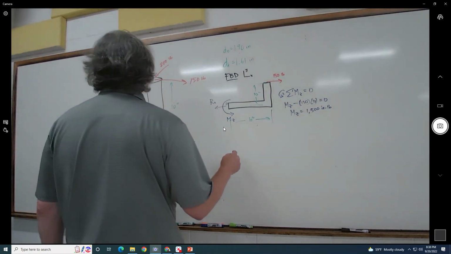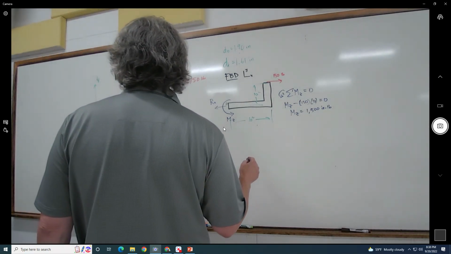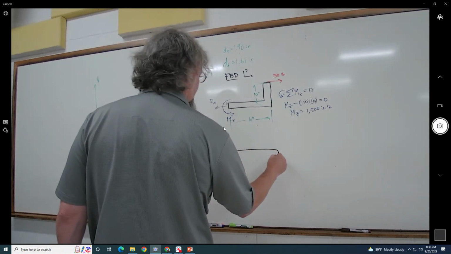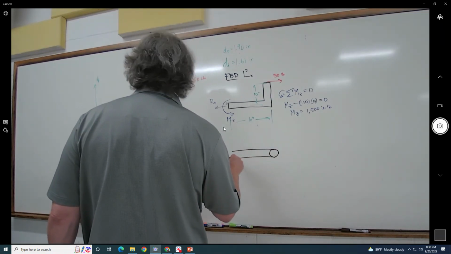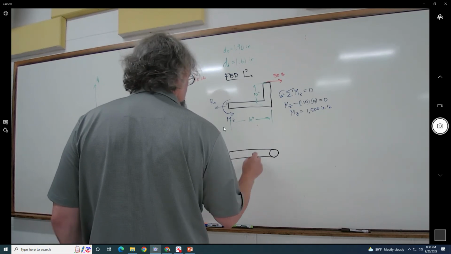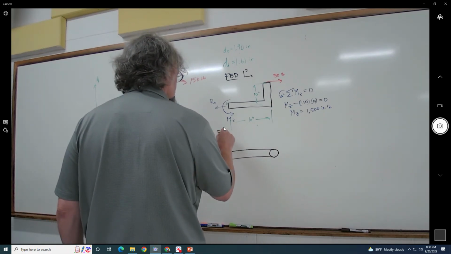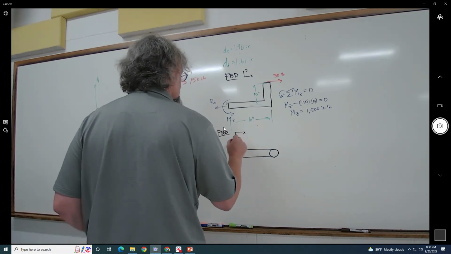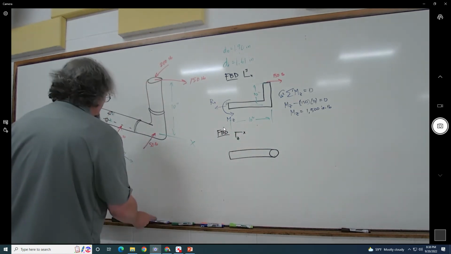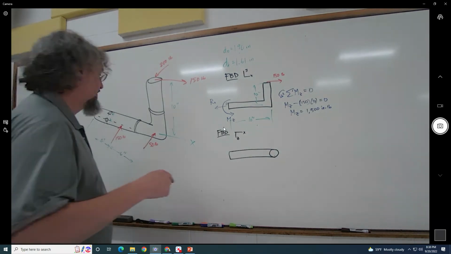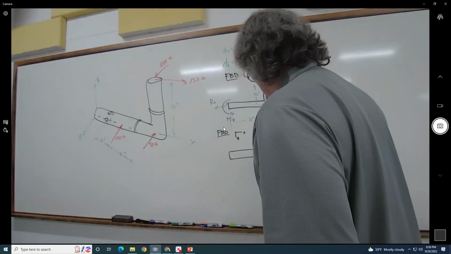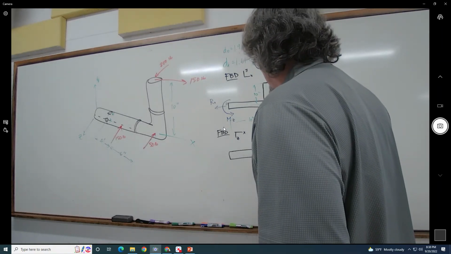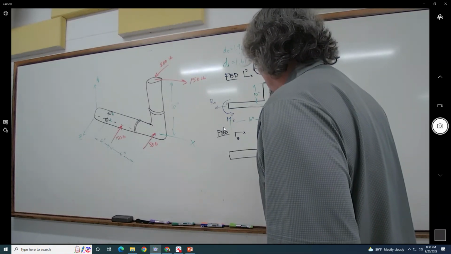So in the XZ plane, it gets a little boring. The only thing exciting about it is, for some reason, we have 200 coming down that way, and we have a 50 coming this way.